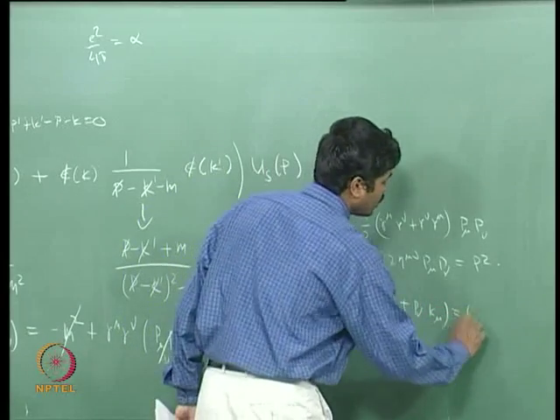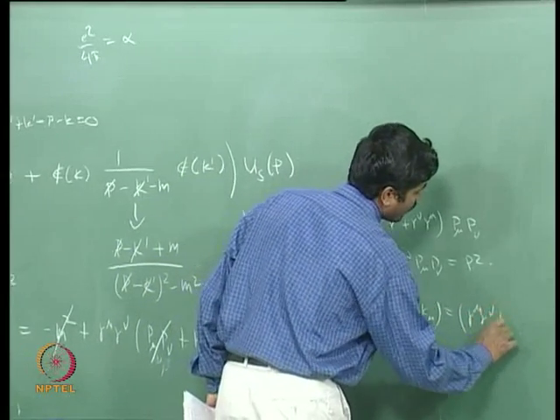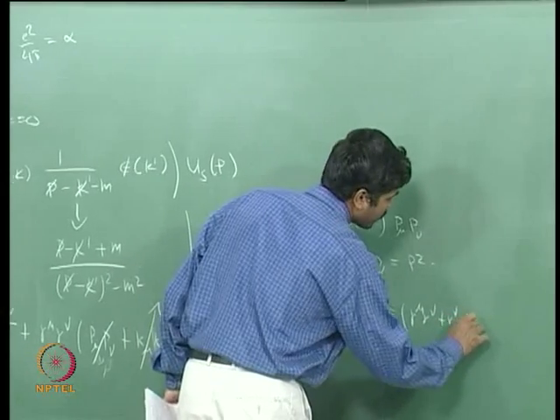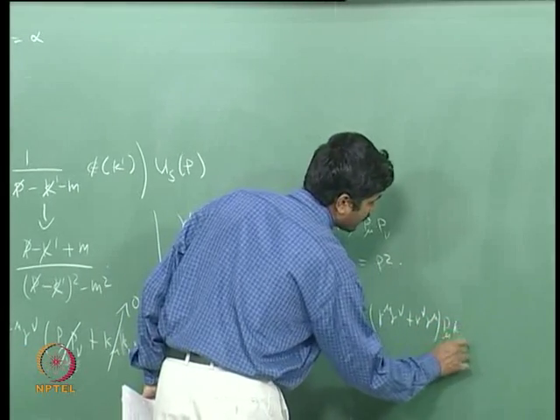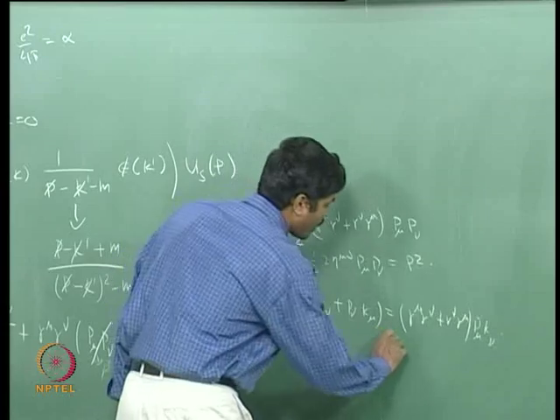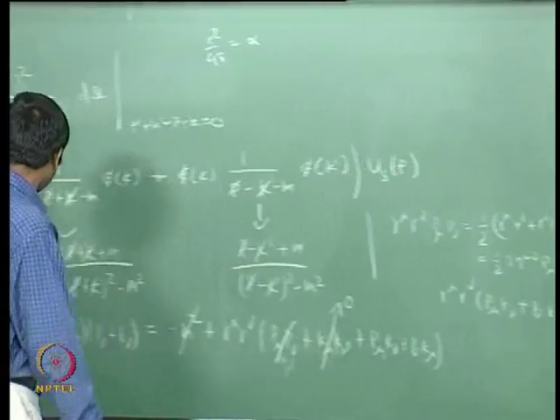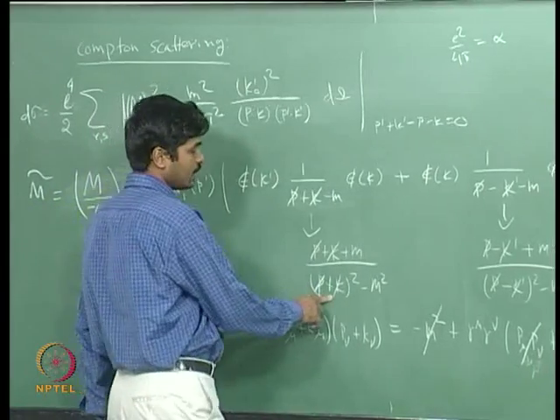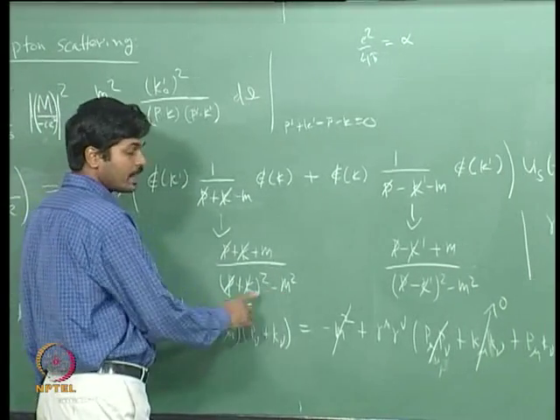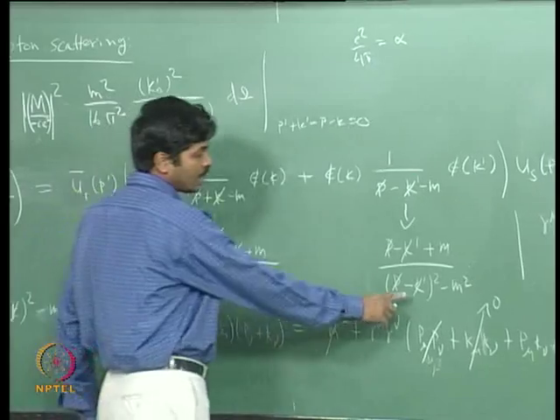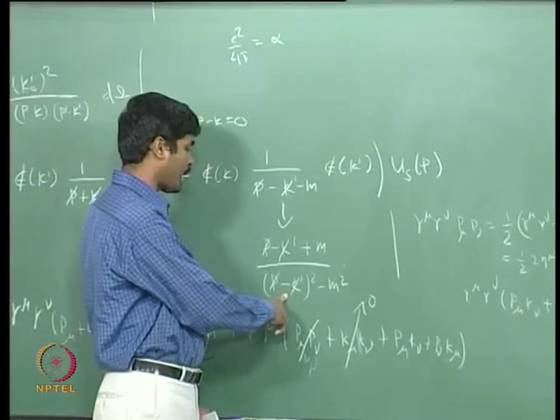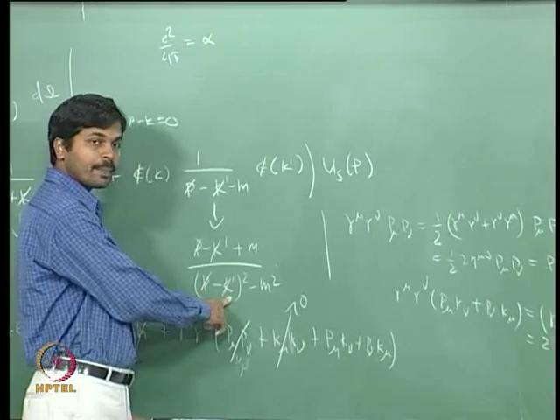This is equal to (gamma mu gamma nu plus gamma nu gamma mu) p mu k nu, so this is twice p dot k. So this denominator gives me twice p dot k. Here, because of the minus k prime, it will give me minus twice p dot k prime.